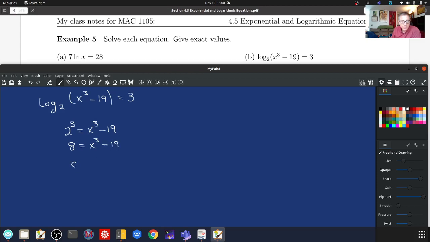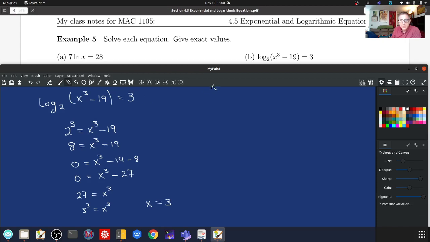Moving that to 0, 0 is equal to x cubed minus 19 minus 8. So 0 is equal to x cubed minus 27, which is another way of saying 27 is equal to x cubed. Now I'm going to write 27 as 3 cubed. So that tells me that x is equal to 3.